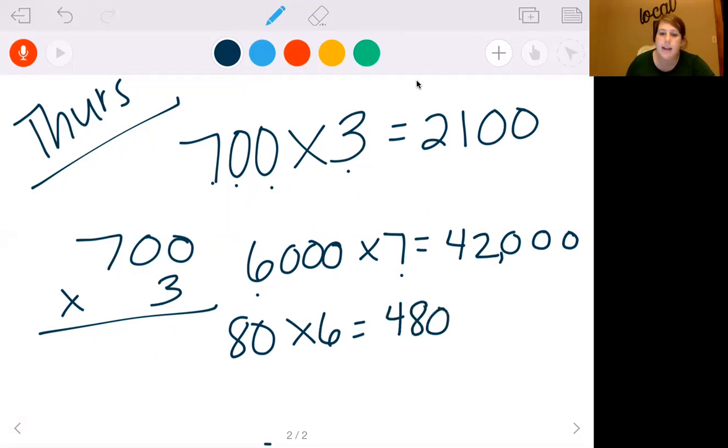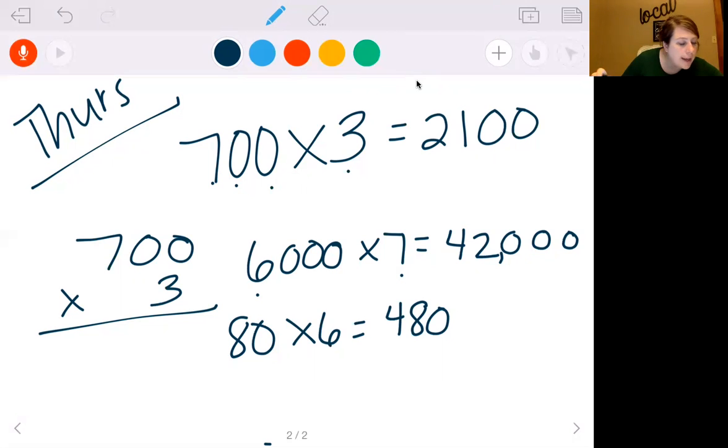Add 1 zero at the end, 480. You guys can probably do these super quick. They're so super easy. These are the fun ones that we enjoyed last year because they were so easy. So today you're going to do more of these. You're going to do page 47, 13 through 20.